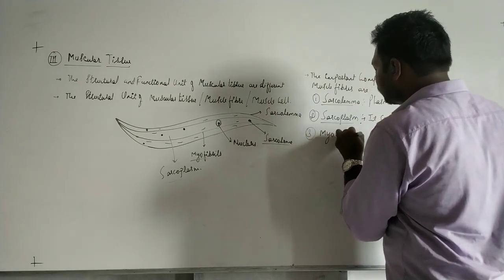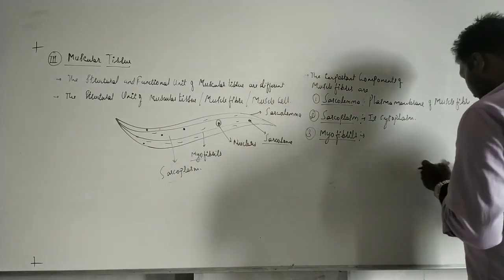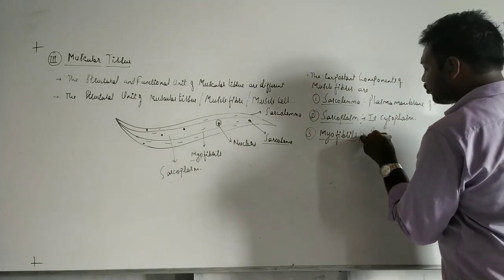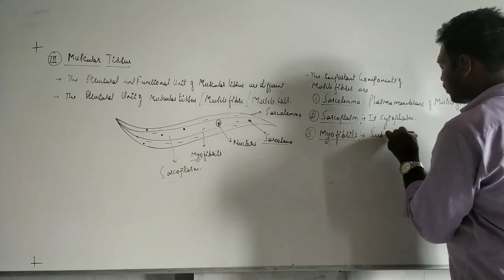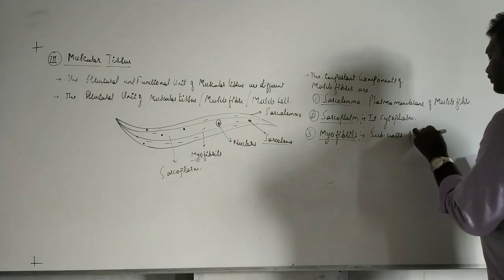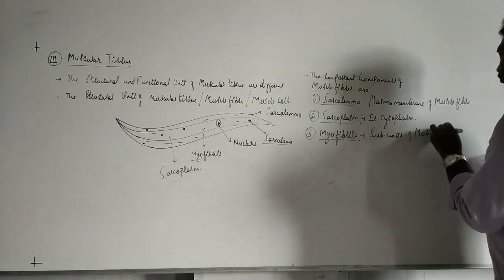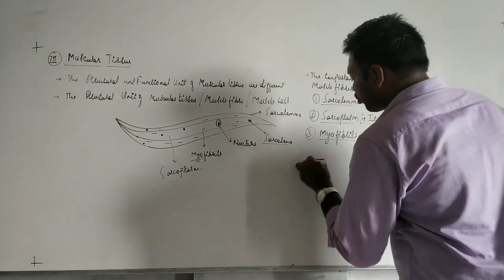What are myofibrils? These are the subunits of muscle fibers. The next, sarcosomes.